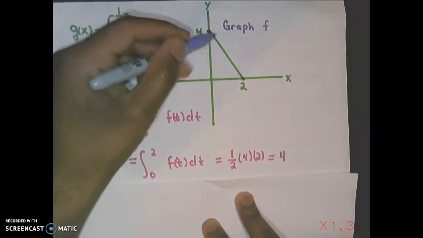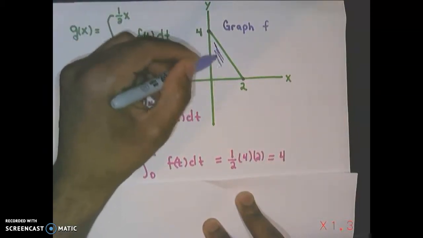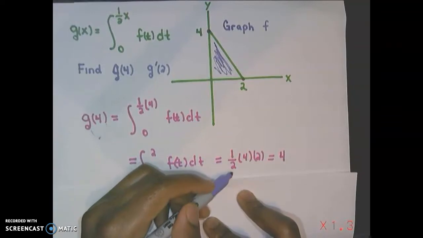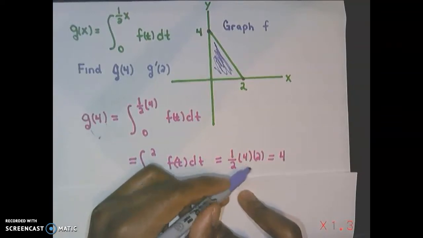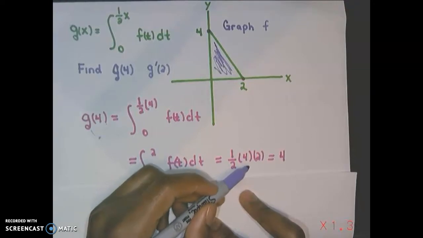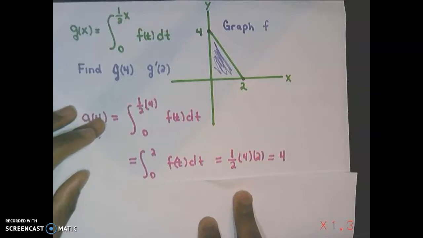That's just going to be this triangle right here. So that's 1/2 the height times the base. So we get half of 4, which is 2, times 2, so that gives us 4. So g of 4 is just going to be equal to 4.